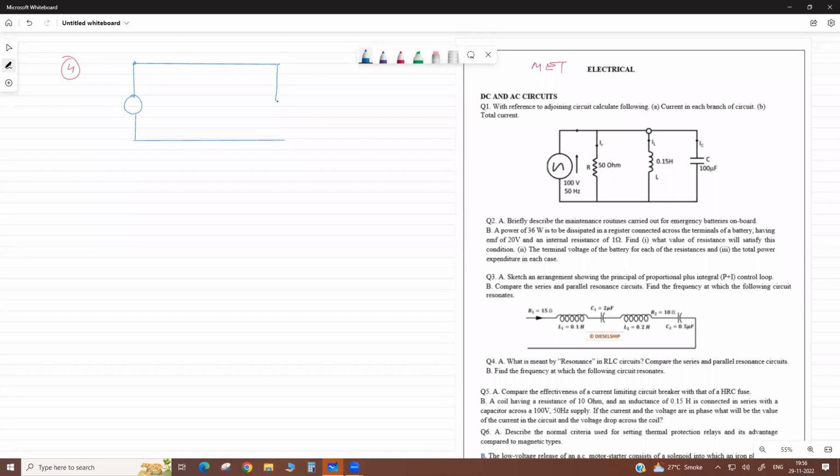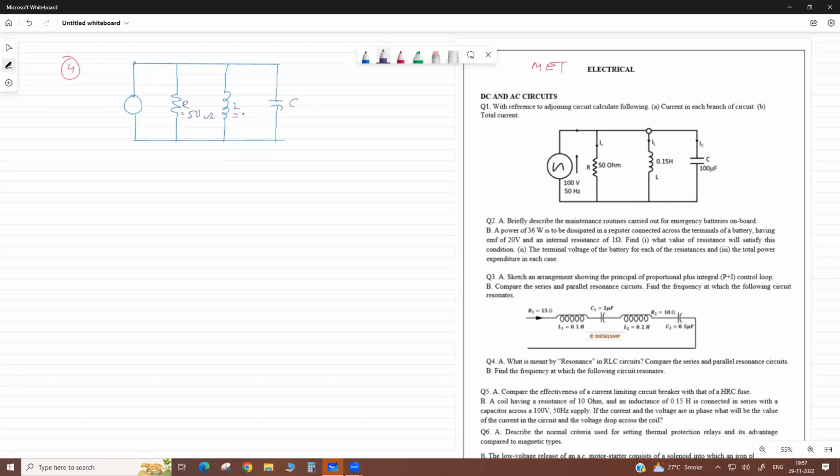Here capacitor, inductor. It is an RLC parallel circuit. Okay. Here R L C. R is here 50 ohm.